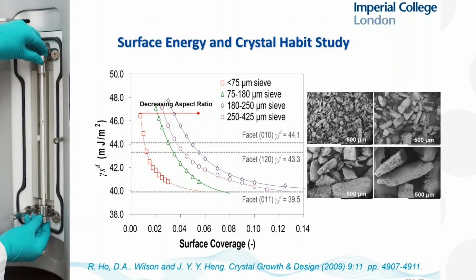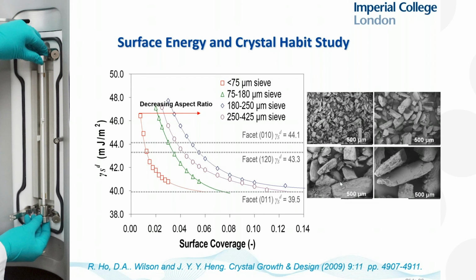We've also done some other work looking at the effect of crystal habit on surface energy. And as we change crystal habit, which is shape, and shape relates to the population of different groups, we also can see changes shown here. So we've got a series of different materials with different crystal habits. We sieve those as a way of separating them in terms of the population of different facets within our powder sets.